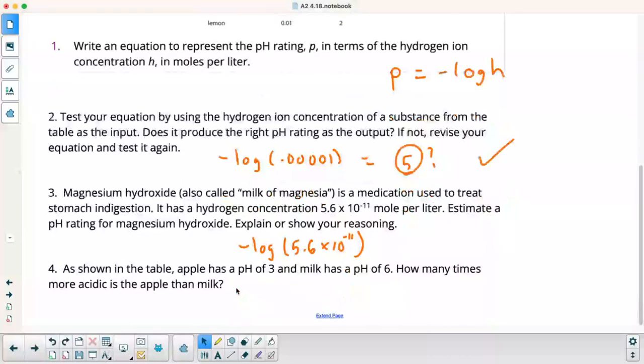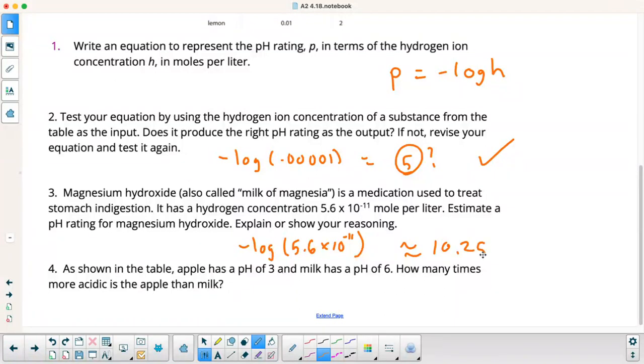All right, I'm going to type it in again here. Negative log of 5.6 times 10 to the negative 11. So, okay, there we go. Now I got it. And that's going to give me 10.25.